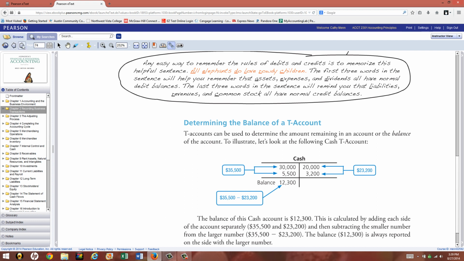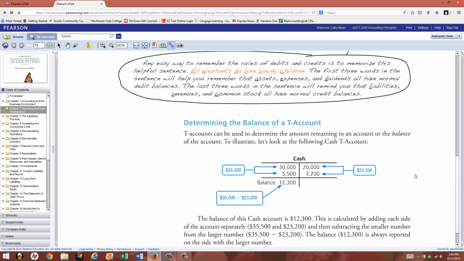I'd like to also say in this chapter that the summary problem on pages 97 through 100 is a very good illustration of writing journal entries, so you might want to look at that. When you're writing journal entries, please be aware that the debit is always shown first.